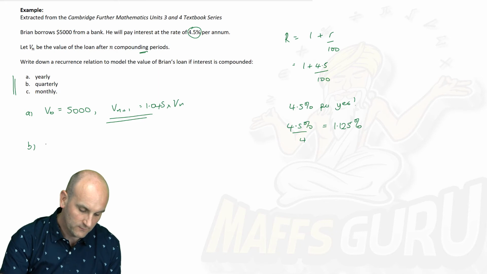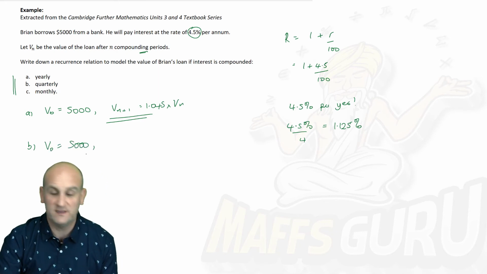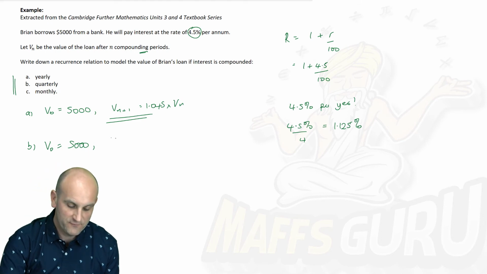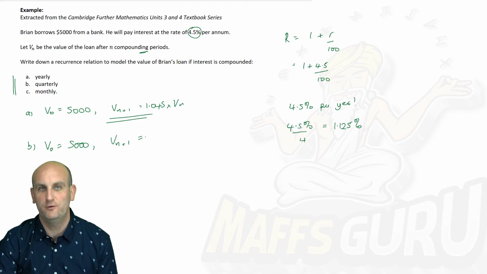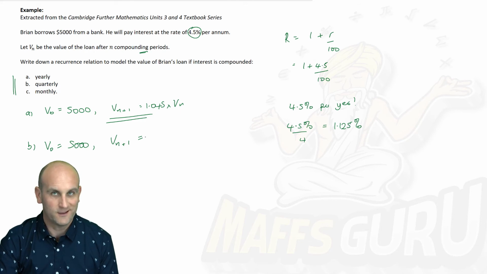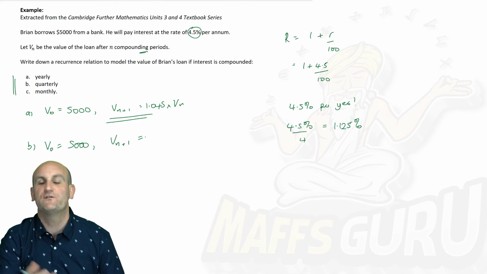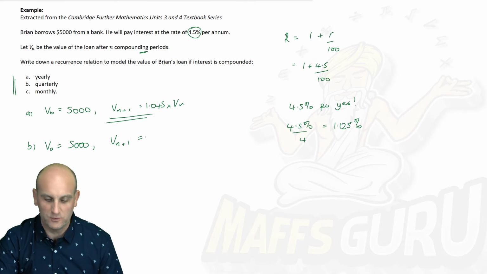Now, that is my percentage, but what's my value of R? Well, V0 is still $5,000. My initial investment hasn't changed, but my V of n plus 1 now becomes equal to, well, I've got to work out a new value of R. I can't use the previous one. The previous one was for a year. Now I've got to use my quarterly interest rate.